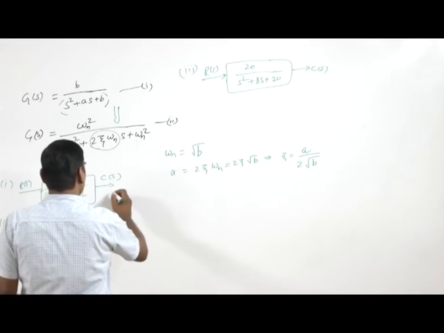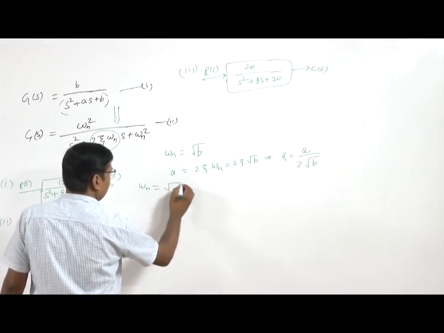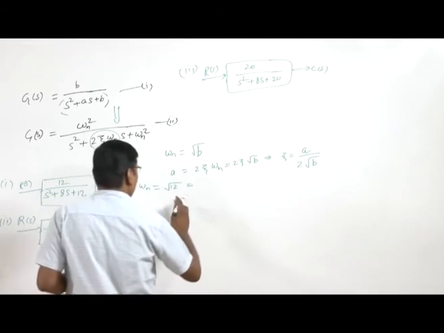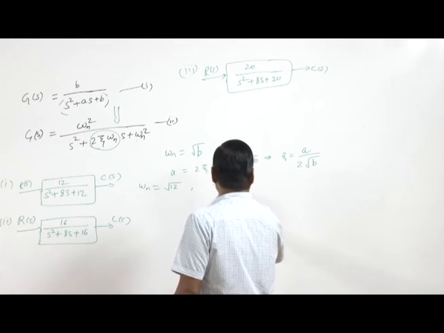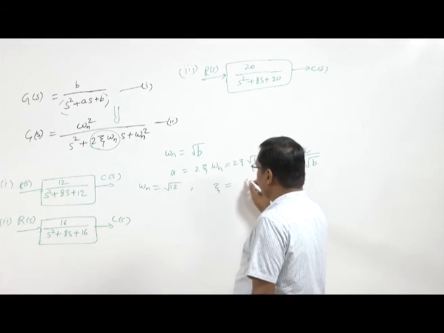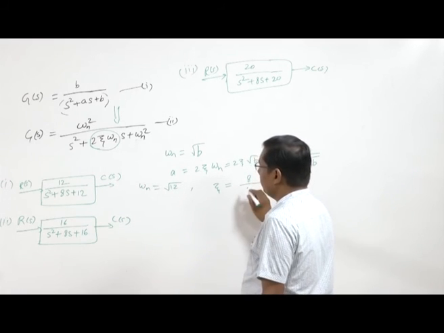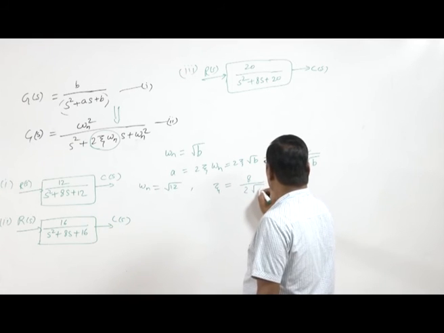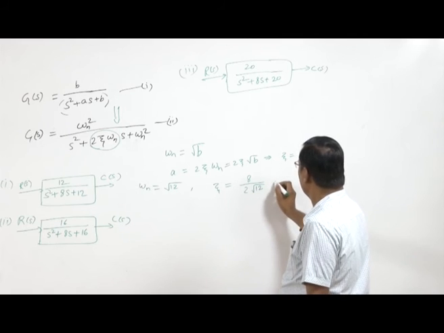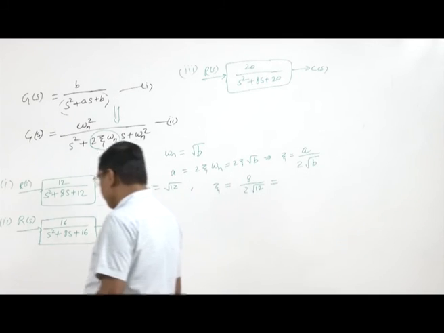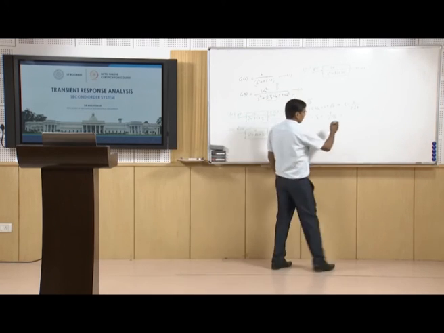So in case 1 we have omega n equal to root b, so root 12, and we can find damping equal to a upon 2 root b. A is 8 upon 2 root 12, and we get damping 1.15.